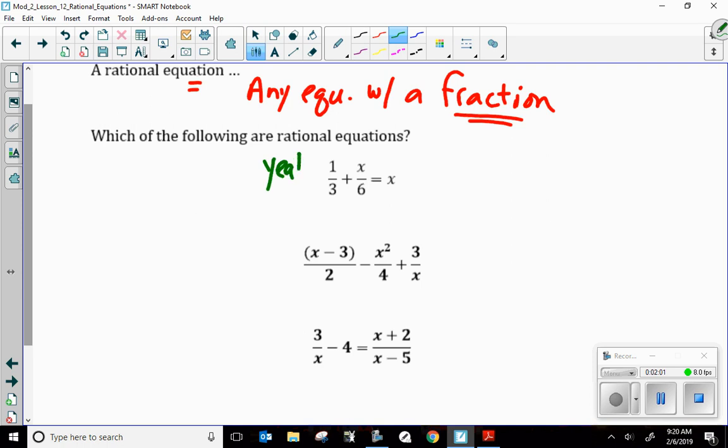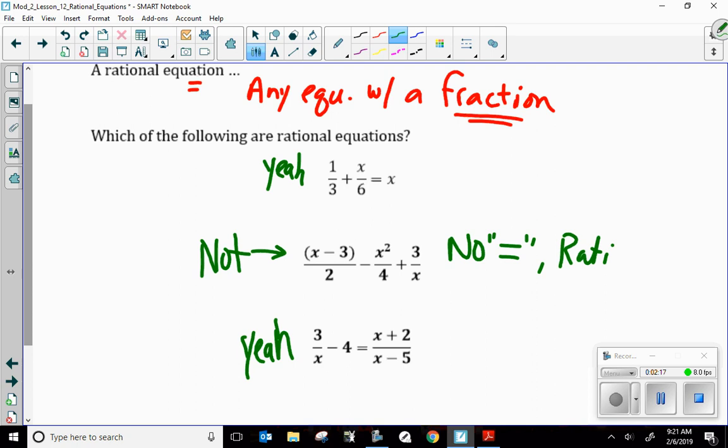Yeah. This is a rational equation? Yeah. This is not a rational equation. How come? There is no equal sign here. This is technically a rational expression. Okay? The second one does not have an equal sign.